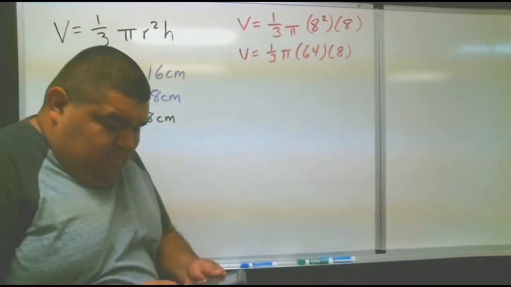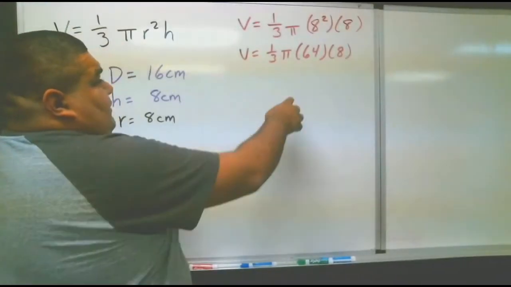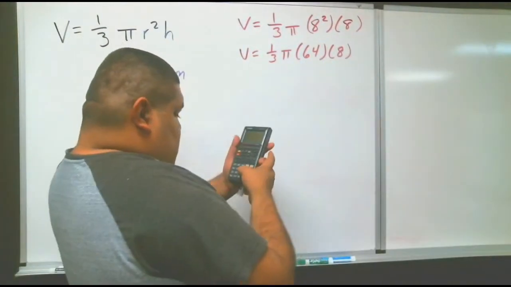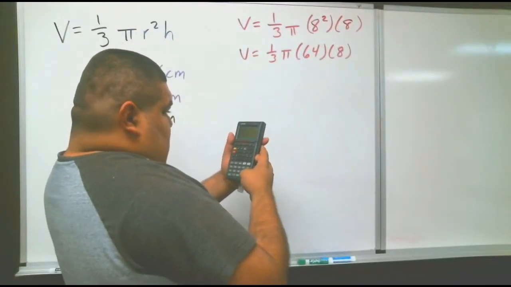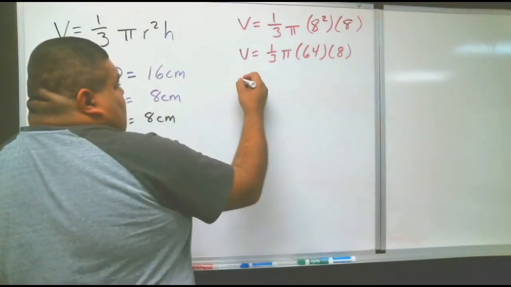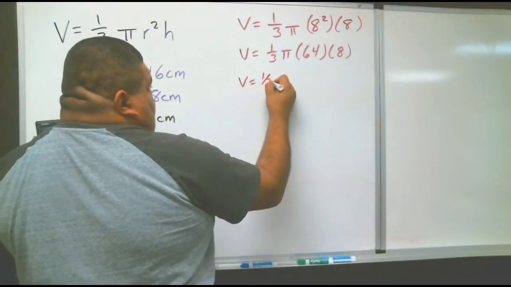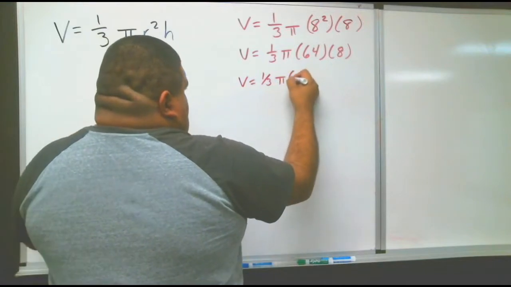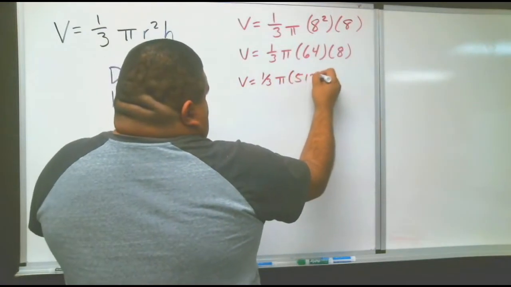The next step is to combine 64 times 8, which is 512. So the volume equals 1/3 pi times 512.